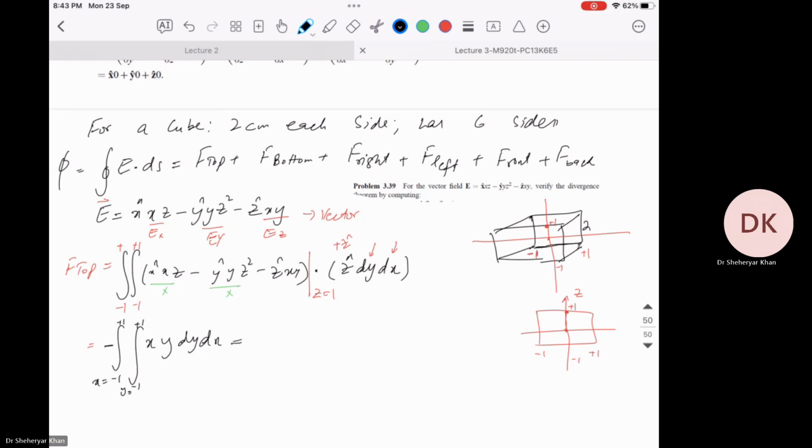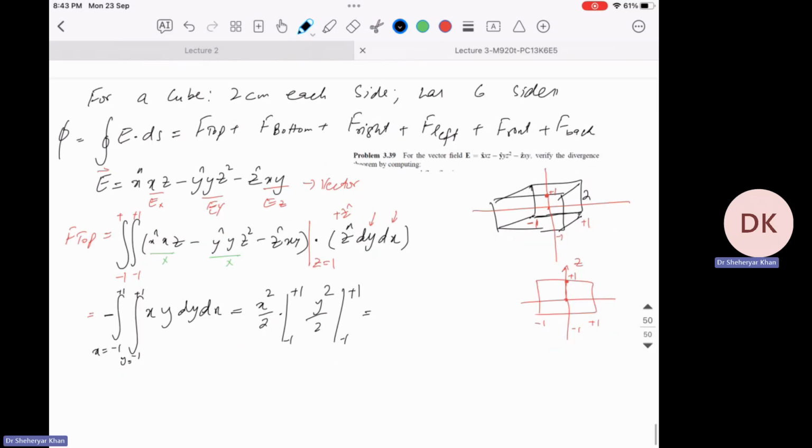Okay. So x integration is x square by 2 and y integration is y square by 2. Okay.